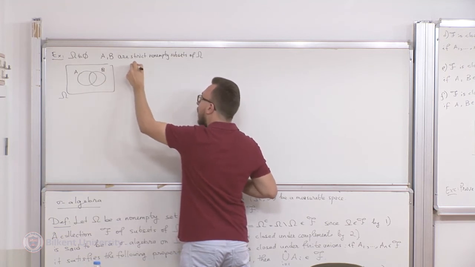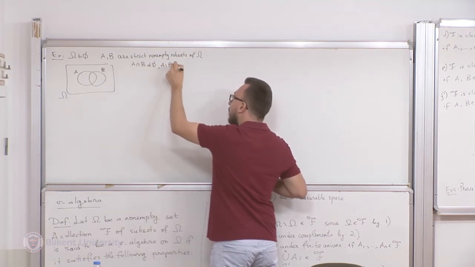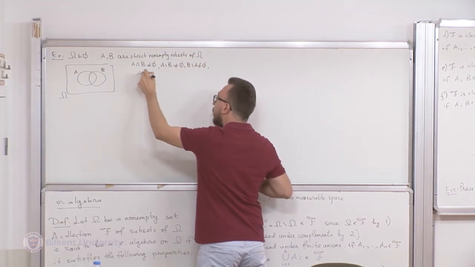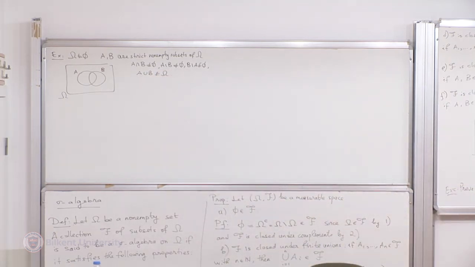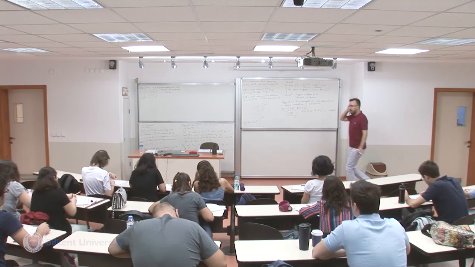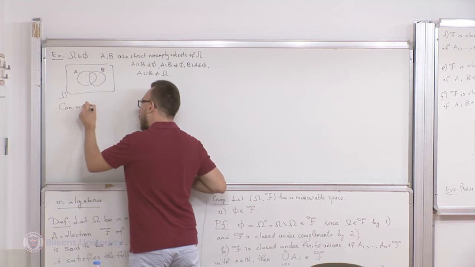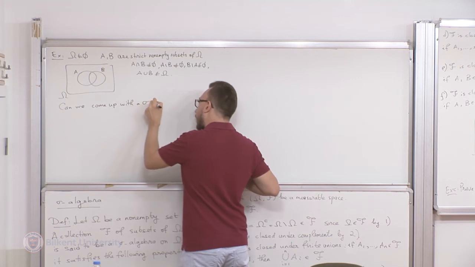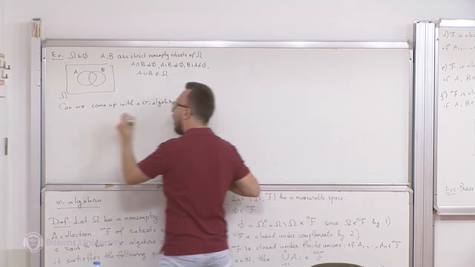Well, A intersection B is non-empty. A difference B is non-empty. So all those things are non-empty. And A union B is not equal to omega. So I want all those 4 regions being non-empty. So now I'd like to have a sigma algebra that contains A and B. So can we come up with a sigma algebra containing A, B?